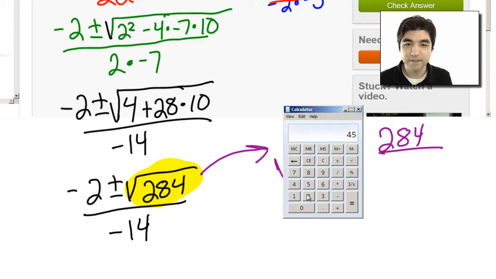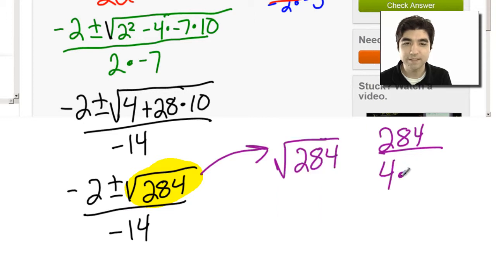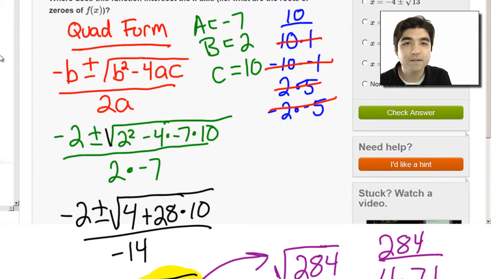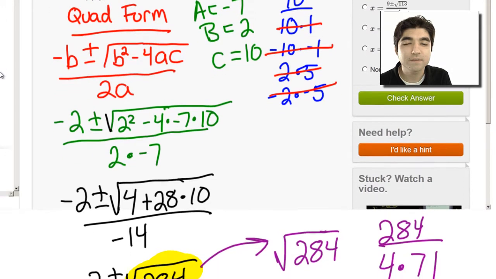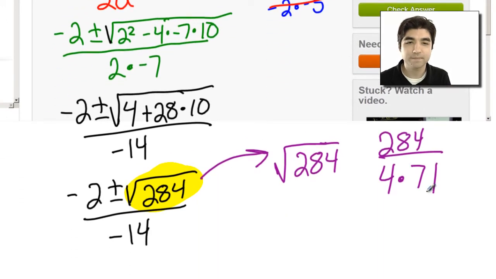Let me get my calculator. 284 divided by 4 is 71. Oh buddy, that's good. So 4 and 71. Can 71 be factored any further? I don't think so. So 284 changes into 4 times 71.